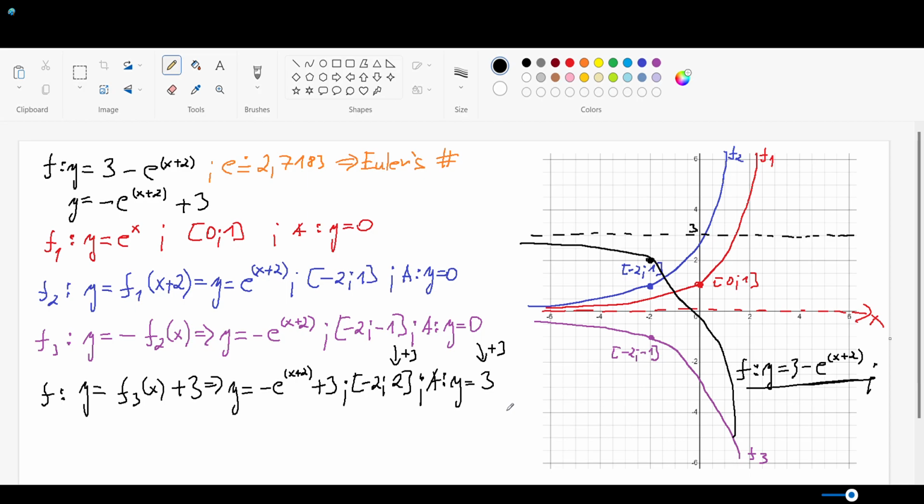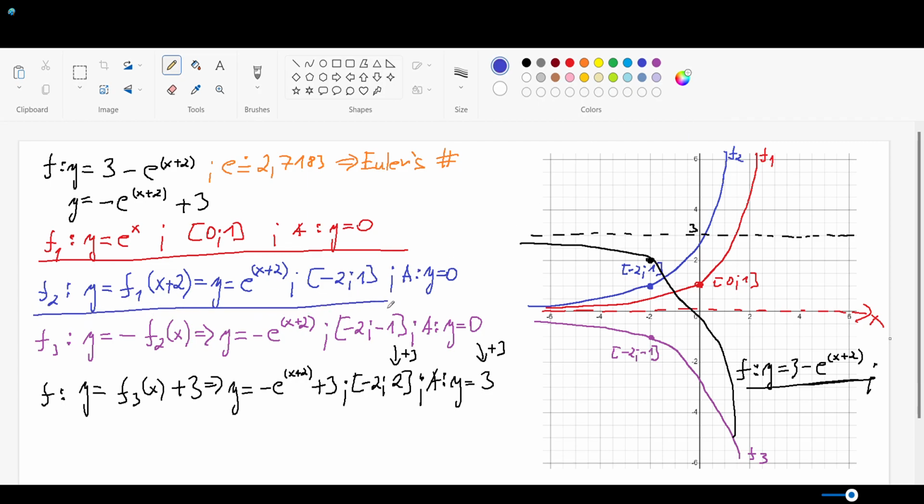Let me just summarize what we did. We started with the parent function, which is increasing and passing through the point 0, 1, with respect to the asymptote y equals 0, which is the x-axis. These are all the lines in red color.